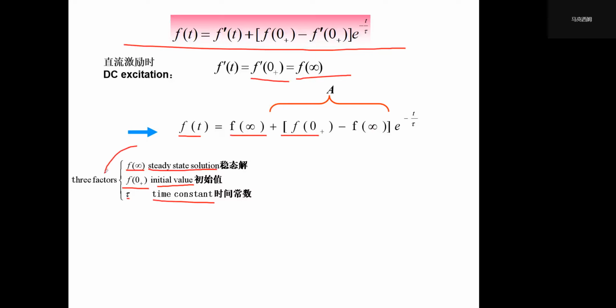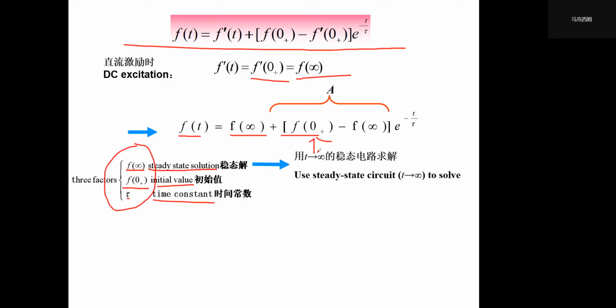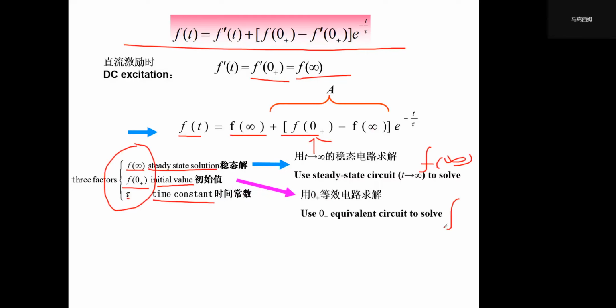So once we figure out those three numbers, we just put them back into it, then we have the final conclusion. We can use the steady state circuit to solve for f(infinity), and we use the 0 plus equivalent circuit to solve for f(0+).